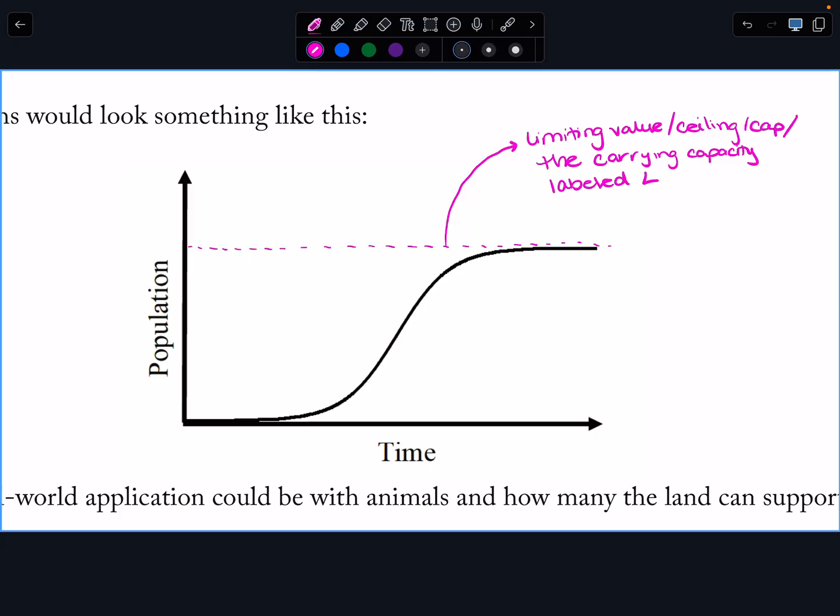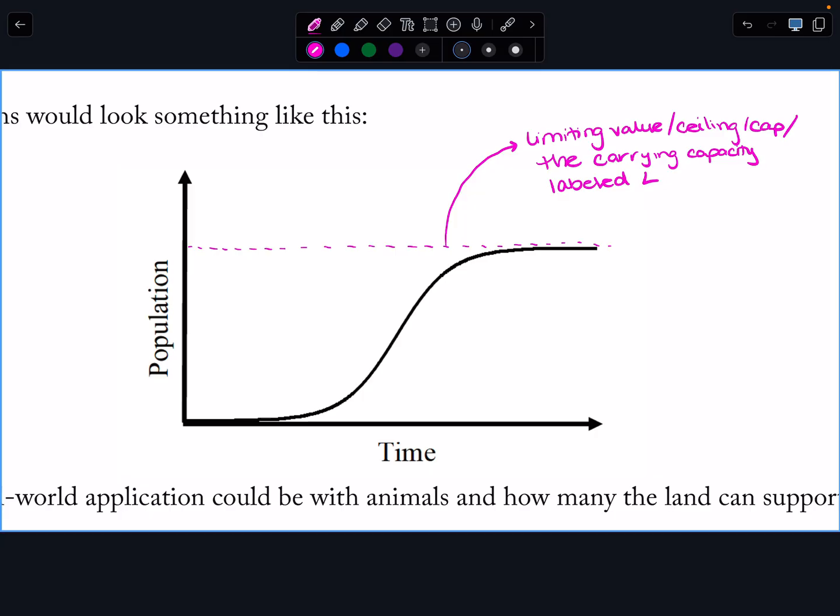You can't have an infinite amount of people, otherwise they don't all fit on the earth. So we always use population growth as a logistic model because it has to be finite. There's some sort of spot where I can't go above that particular amount.